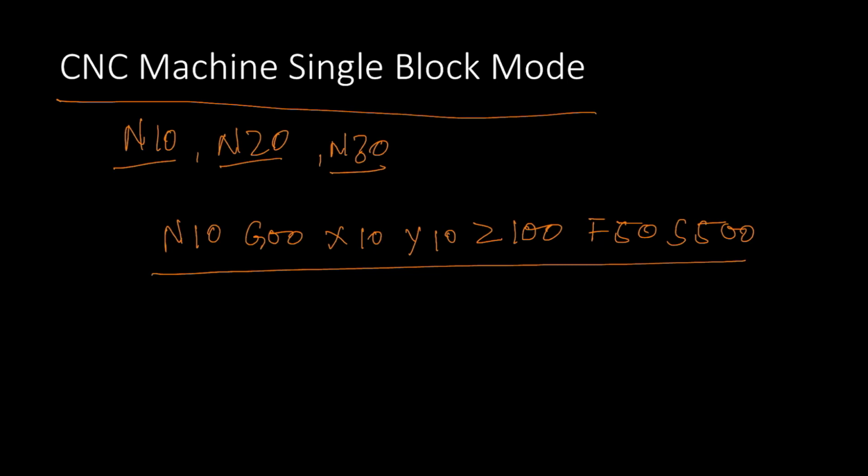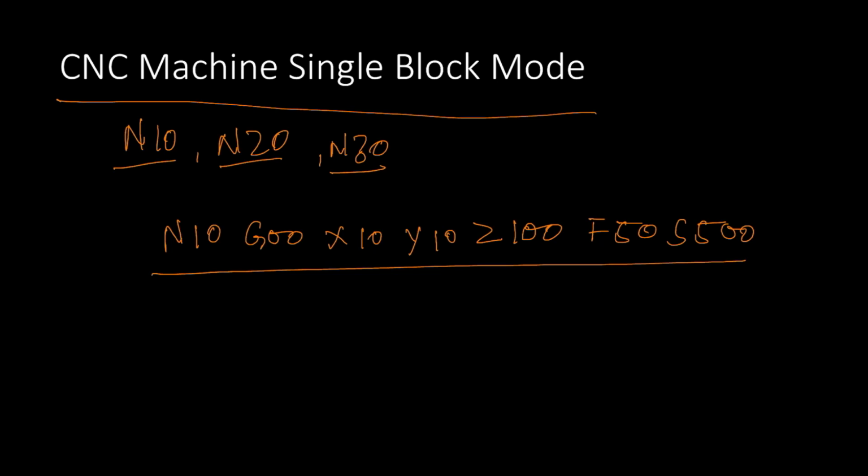But remember that this does not mean the CNC machine fully stops. Only the axis movement will be on hold, and all the other functions like coolant will continue to flow and the spindle will continue to rotate.